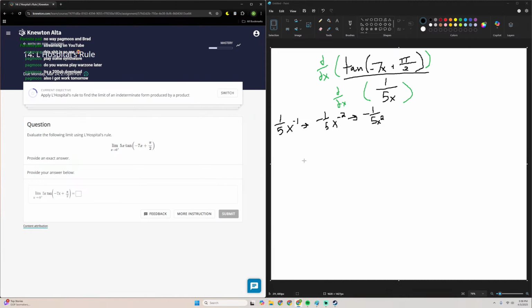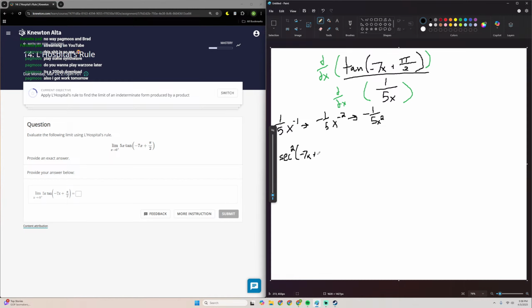This will become chain rule, so it's going to be secant squared of negative 7x plus pi divided by 2 times by the derivative of this whole thing right here. This would be negative 7.